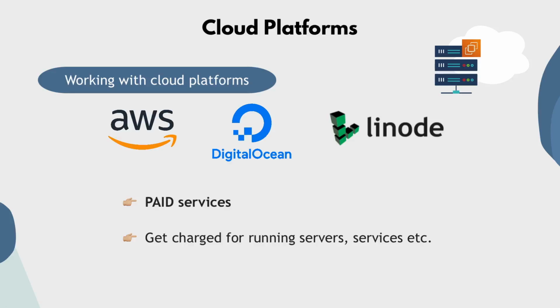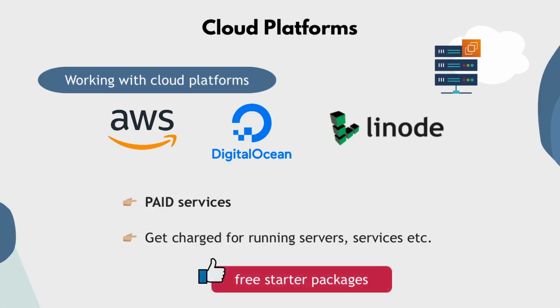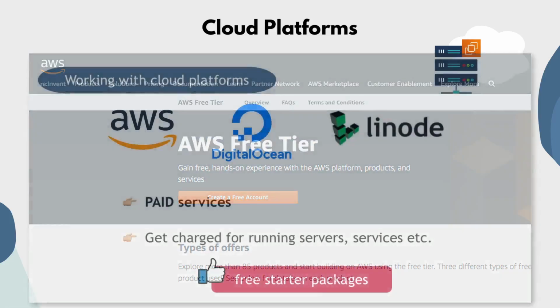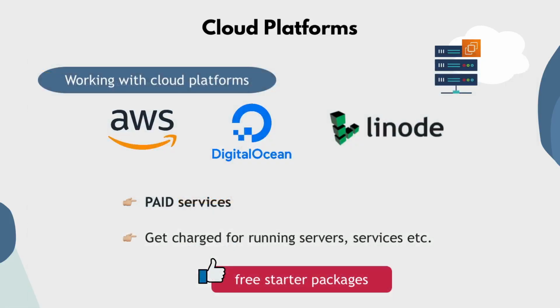If you're a new user on those cloud platforms, you usually get a free startup package. For example, on DigitalOcean and Linode, you get $100 credit to use up for 60 days. On AWS, you get a free tier that allows you to use one small server for free for a year. However, on AWS, an EKS service and all other EC2 instances will still cost you something.